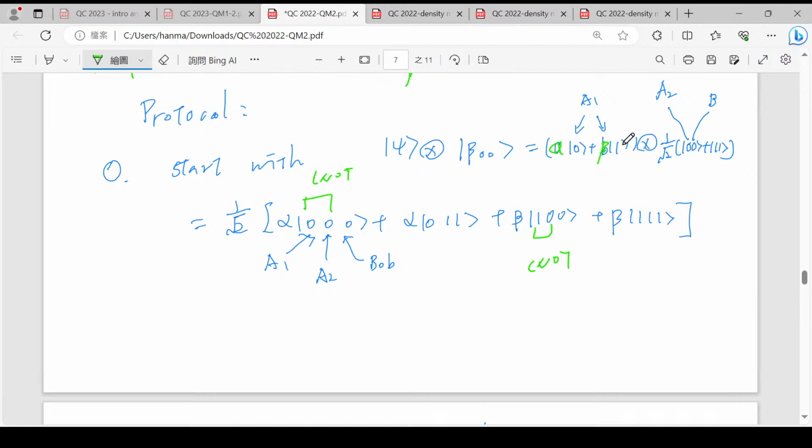So we have multiplication distributive, and so you have alpha 000, then alpha 011, then beta 100, then beta 111. Okay, and so nothing really happened, and square root 2 outside. Okay, so that's the starting state. And we write it as a linear combination of computational basis because it's easier to see how each gate is applied on the computational basis states.